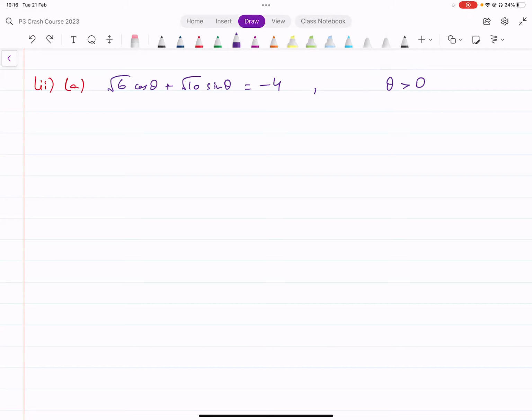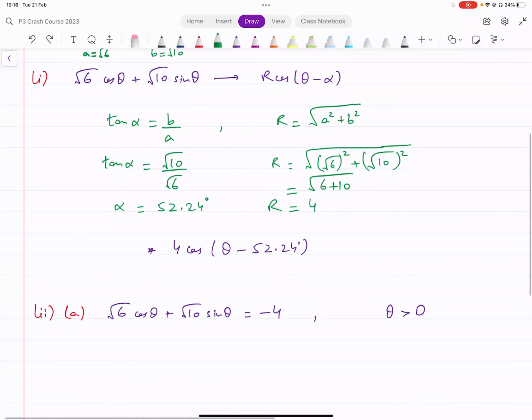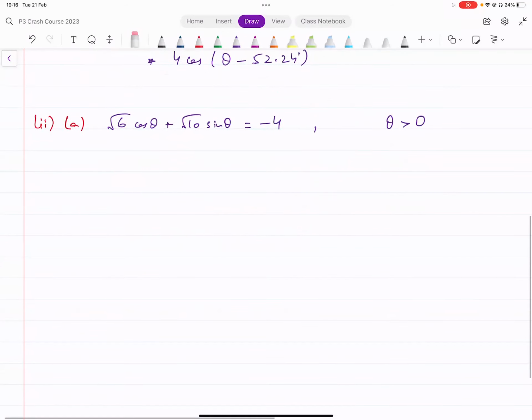All right. Now, how do we solve this? In the first part, what we've done is we've converted this whole thing to r cos theta minus alpha, and that turned out to be 4 cos of theta minus 52.24 degrees, which equals minus 4.